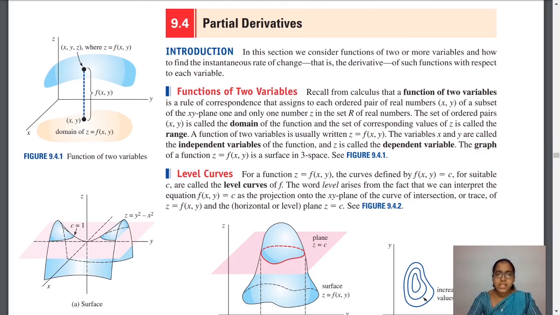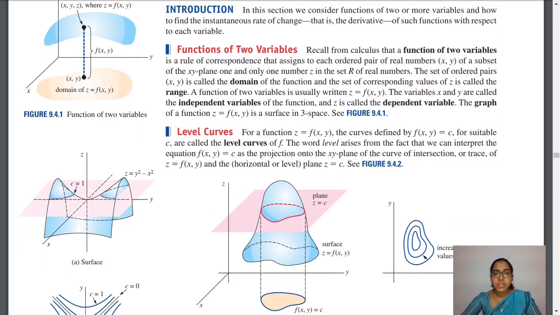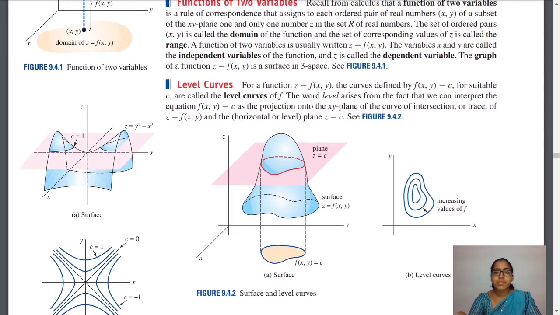Next, moving on to the level curves, for a function z equal to f of x, y, the curves defined by f of x, y equal to c for any c are called the level curves of that function. We can interpret it as the projection of that function onto the xy plane.